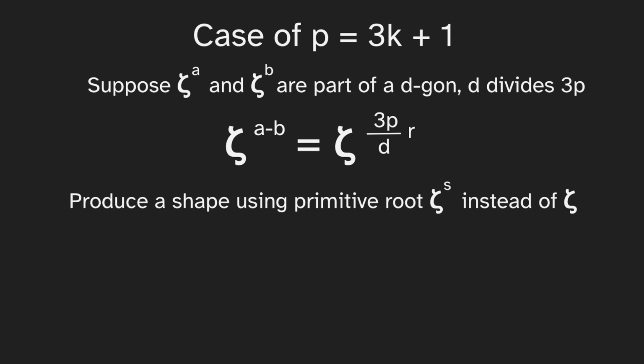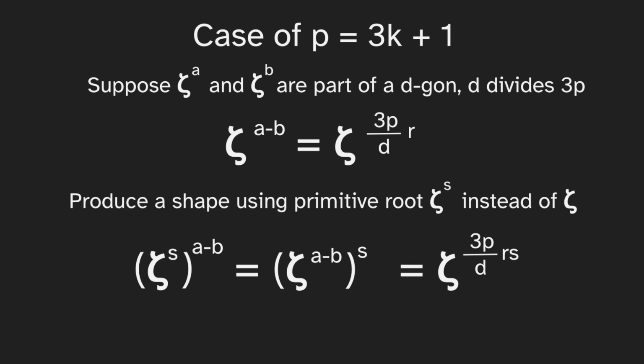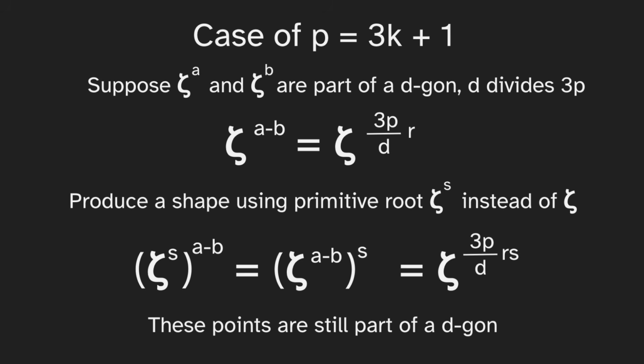Now, if we produce a shape using the primitive root zeta to the s instead of just zeta, then the distance between those points now is going to be zeta to the s to the a minus b. We can flip those exponents, and we know we can replace zeta to the a minus b, and we end up with this result, which tells us that these points are still part of a d-gon.